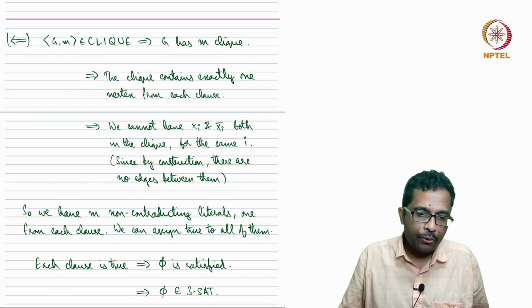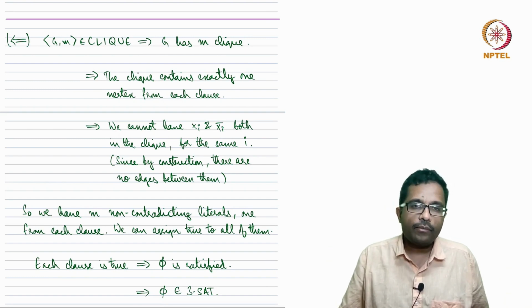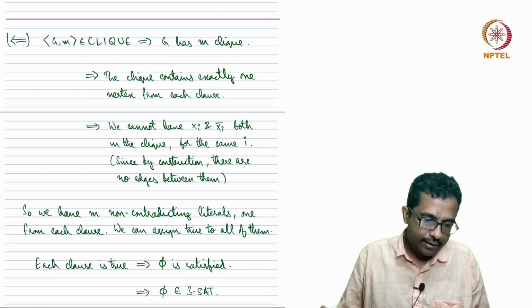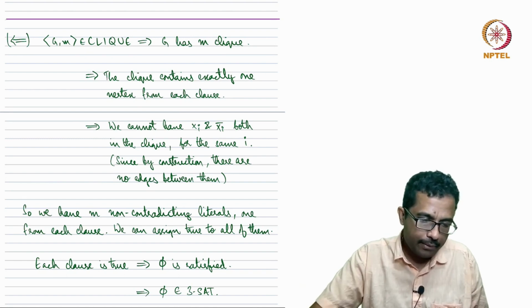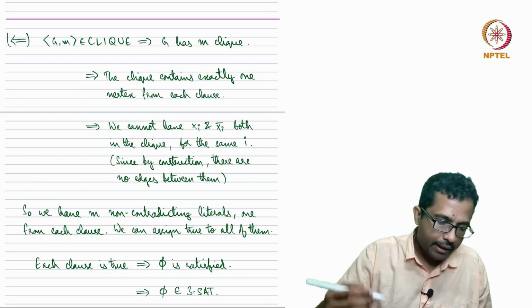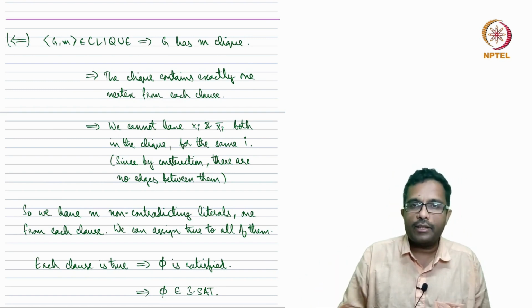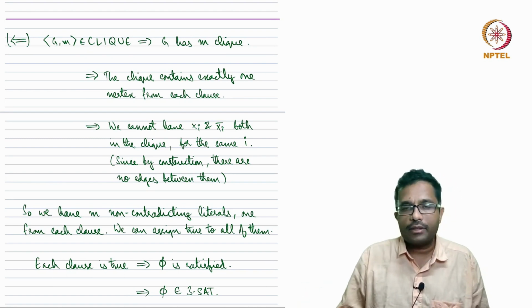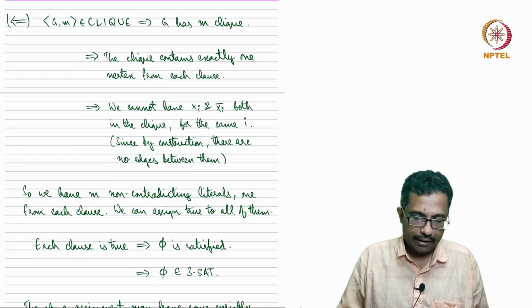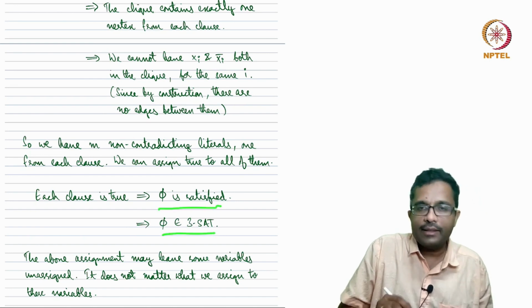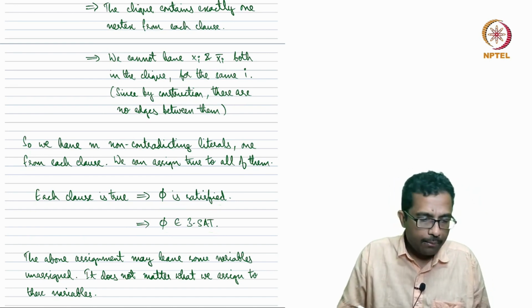So we assign true to all the m non-contradicting literals, and by the choice of the literals we picked exactly one true literal from each clause, or the clique contained one vertex from each clause which we set to true. So we have one true literal from each clause, so each clause is satisfied, right? And since each clause is satisfied, that means that the formula is in 3 SAT. There is a small point.